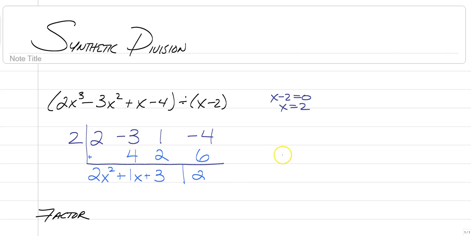And then, of course, you would say the final answer is 2x squared plus x plus 3 plus your remainder over what you are dividing by. Okay? But just like the remainder theorem of long division, if you have a remainder, x minus 2 is not a factor of 2x cubed minus 3x squared plus x minus 4. So you want there to be a final number of 0 when you are about to factor. Okay? So keep that in mind.